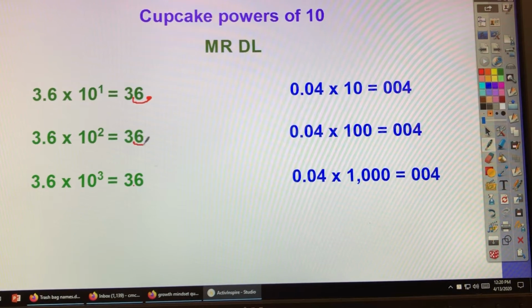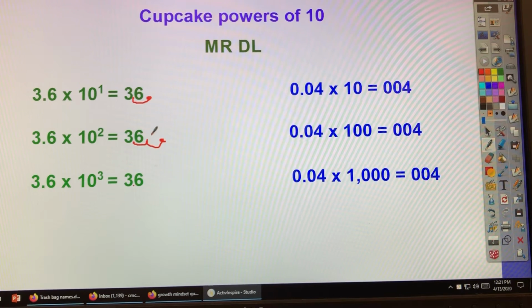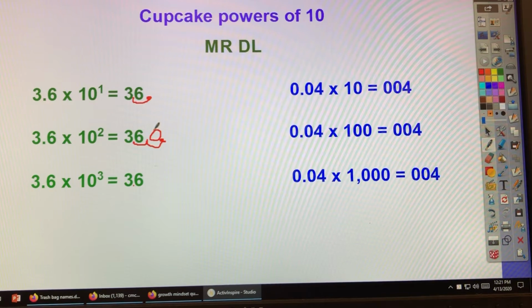We'll bump it twice to the right, 1 and 2. The decimal point is now here. Anyway, we need to fill in this empty space right here with a 0. So 3 and 6 tenths times 10 to the second power would be 360.